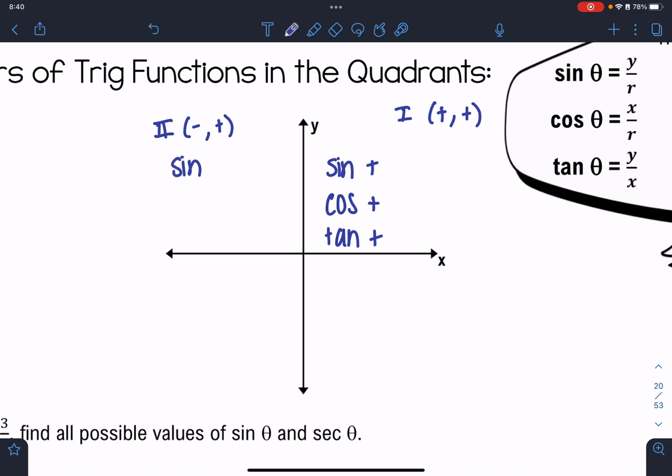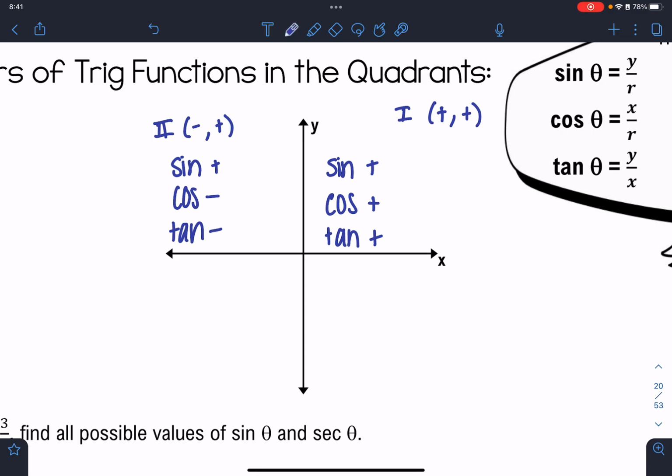What would I have? I would have something positive again, because we're only really looking at the y value for sine there. But this time, cosine, what would you have? You'd have something negative, because you're looking at the x value, and your x value is going to be negative. Tangent is when you stack them on top of each other, y over x. So a positive over a negative number would be a negative number, okay?